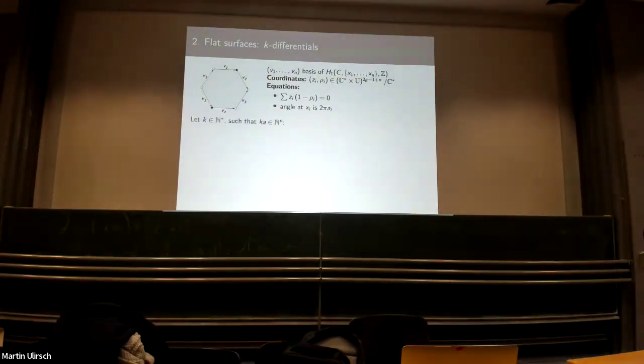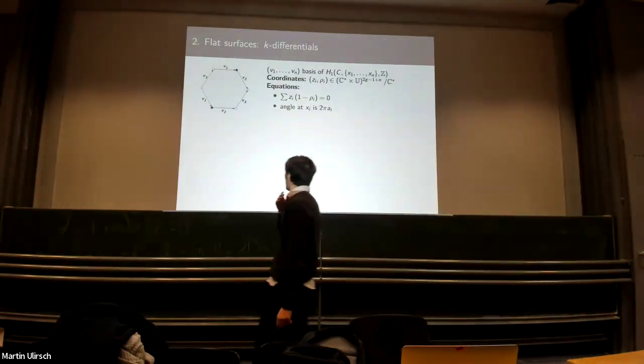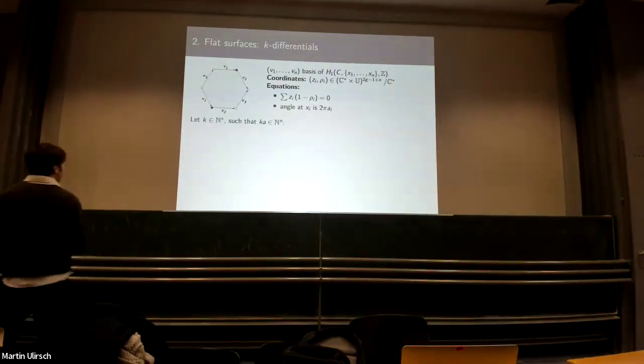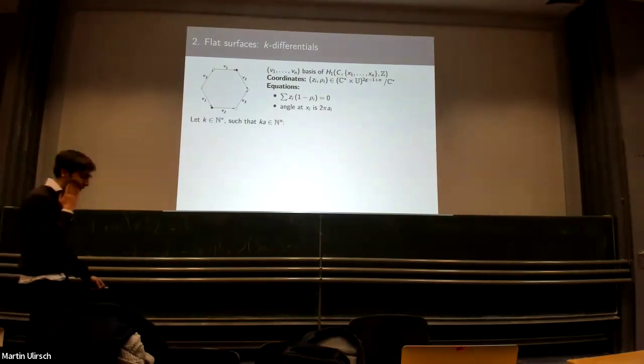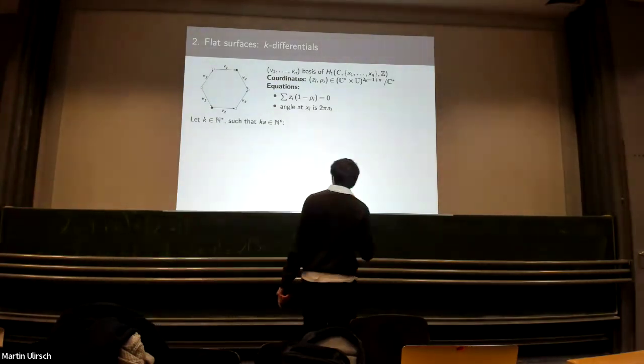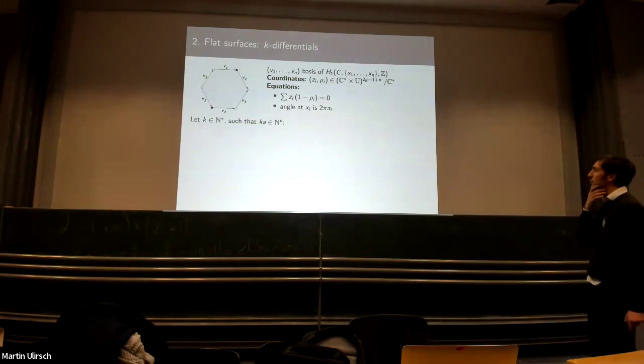Okay. So now I will have something which will be algebraic actually. So I fix some value of k, some positive integer, and I will assume that kA is integral. So at least I need A to be a rational vector. It cannot happen if A is generic.